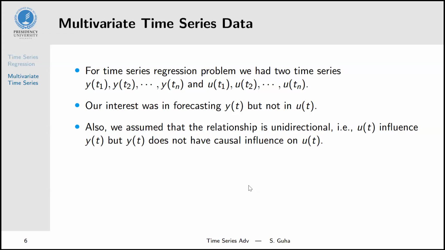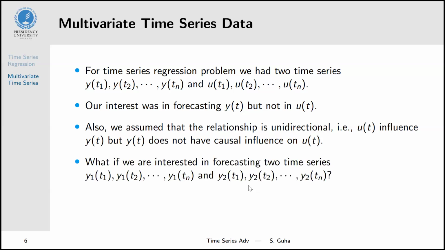But the reverse is not true. Whether dengue cases are rising or declining, tomorrow's temperature will not increase or decrease based on that. That is not going to happen. So the relationship was unidirectional: the auxiliary time series, the temperature, influences the primary time series in consideration, the number of dengue patients, but the reverse dependency is not there.